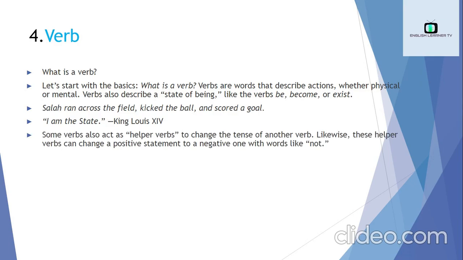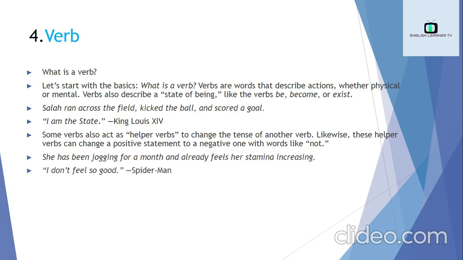Some verbs also act as helper verbs to change the tense of another verb. Likewise, these helper verbs can change a positive statement to a negative one with words like not. I've been jogging for a month and already feel the stamina increasing. I don't feel so good, Spider-Man.